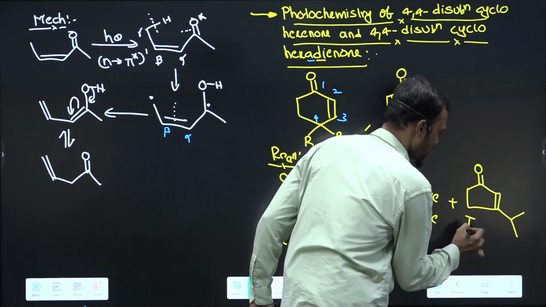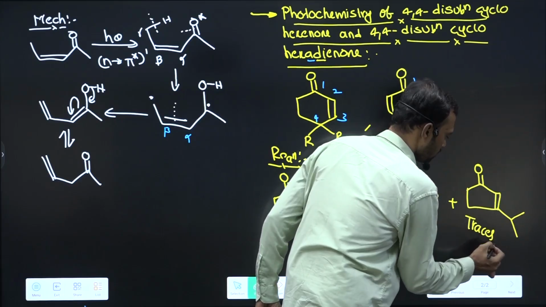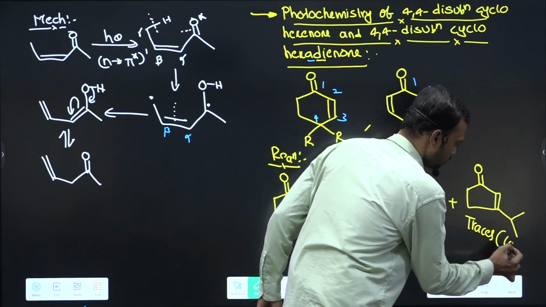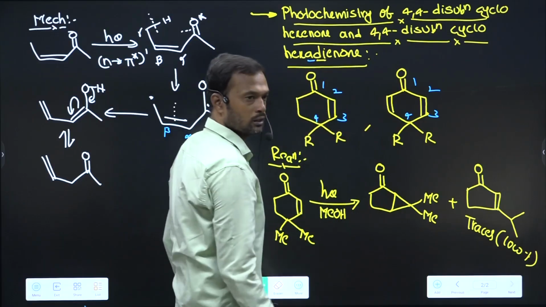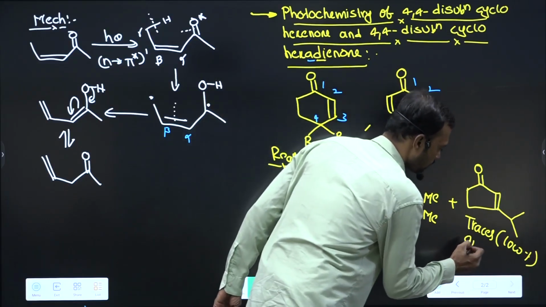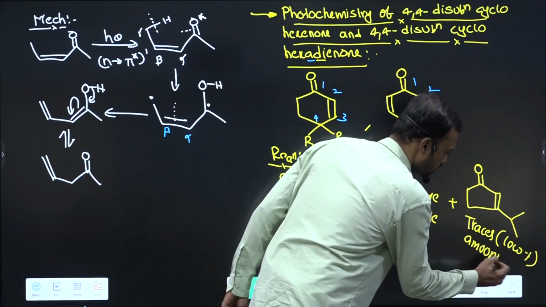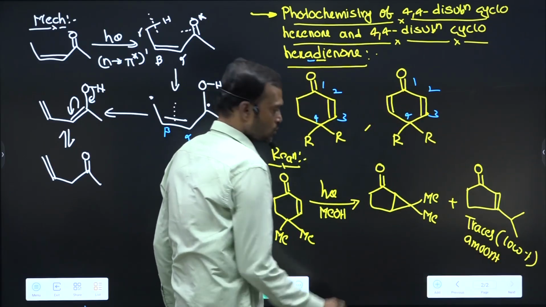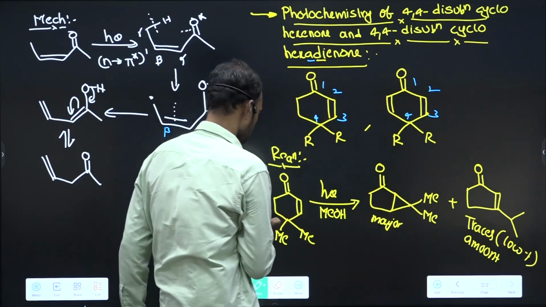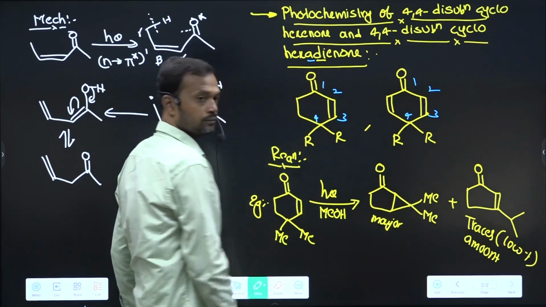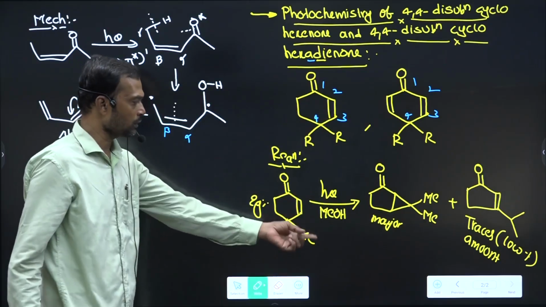So this is traces, low percentage. Traces amount means very small amount. Sometimes in your exam they will give traces amount. So this is found to be major. When this molecule is given photochemically, your answer is this one.